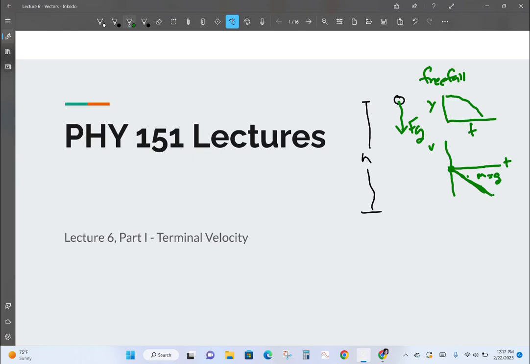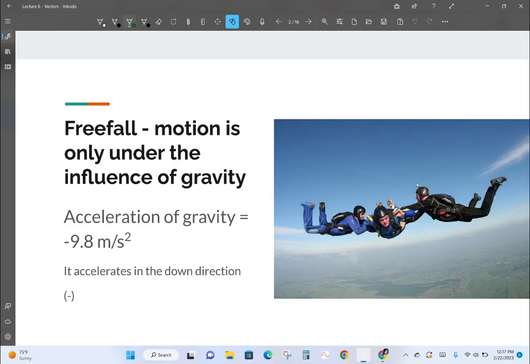But now, we end up taking into account air drag. And air drag, as you can see in this picture, acts upward on the object. So these guys have weight acting on them, but they also have air drag, F of the air, acting up on them.